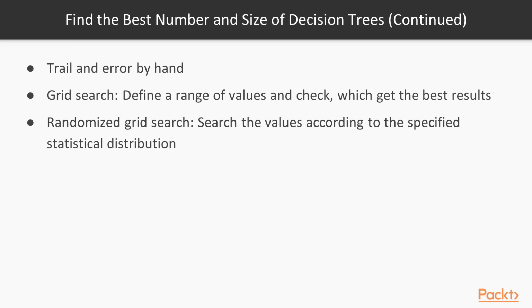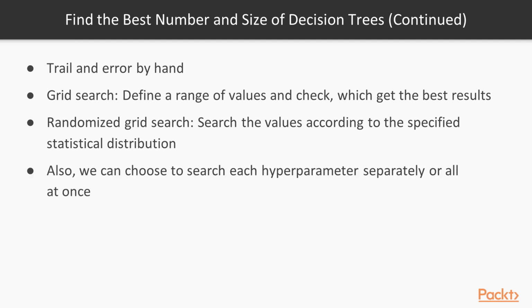With randomized search, we do the same, we look for those values, but instead of going in a sequence, we choose from some statistical distribution of values and use those to test our models. For simplicity, we'll be using grid search, which is also the most popular, but I highly encourage you to also check out randomized search and compare both of them. You can find both inside scikit-learn.